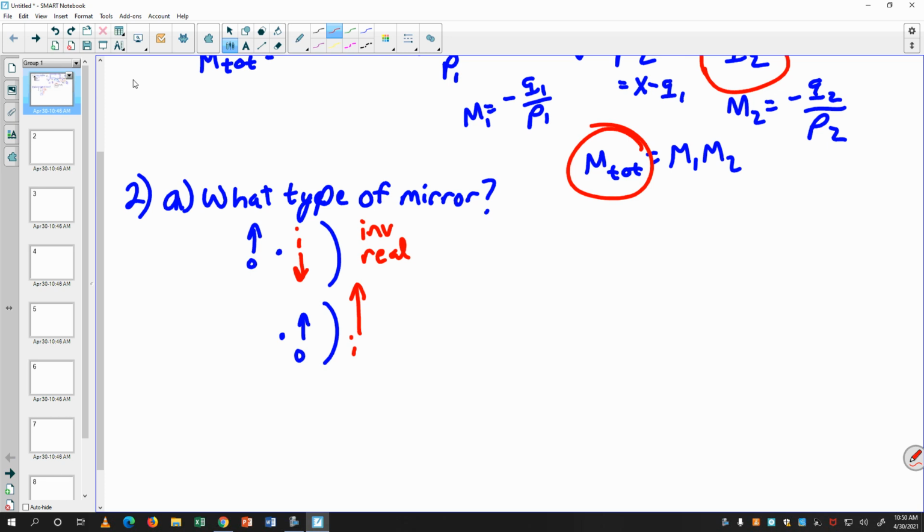This image is upright, virtual, and big. And then for a convex mirror, if my object is here, my image is here. My image is upright, virtual, and small.